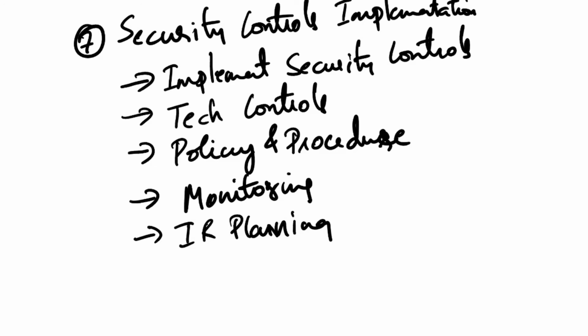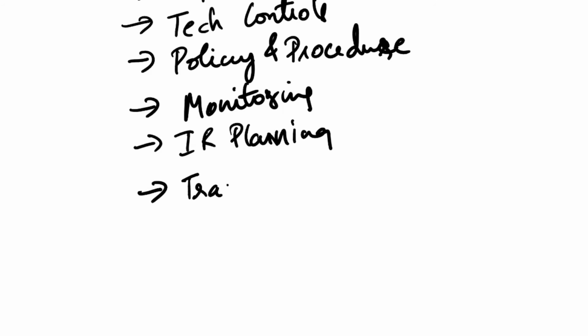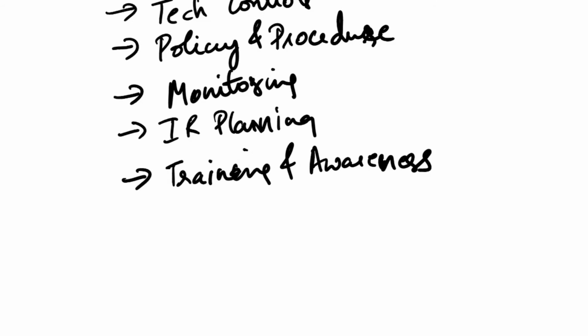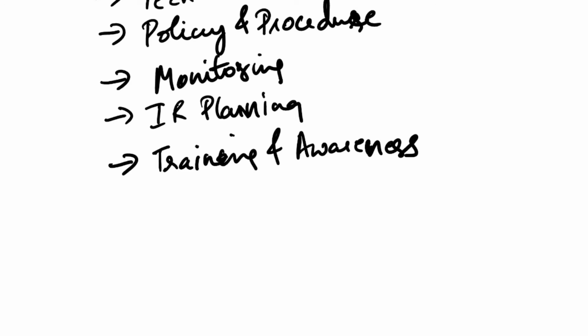Define roles and responsibilities to ensure a coordinated and effective response in case of a security incident. Next, training and awareness programs. Provide training and awareness programs to third party personnel to ensure they understand and adhere to the implemented security controls. This helps foster a security conscious culture.